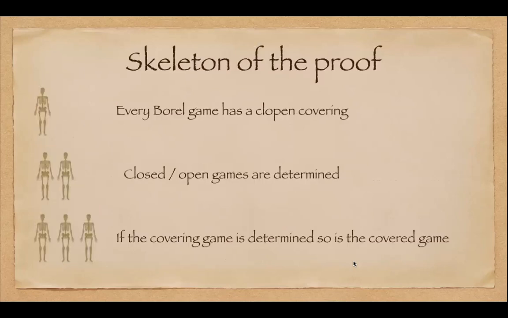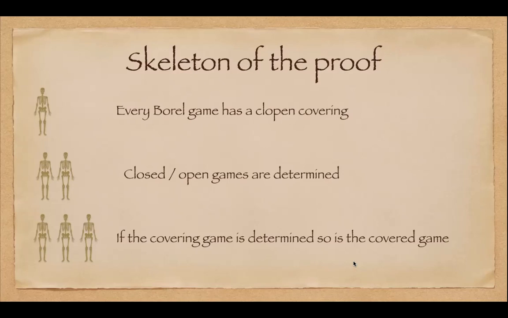Okay. Now the skeleton of the proof. This is how we're going to proceed. So the first step will be to show that every Borel game has a closed and open covering. By a closed and open covering, I mean a covering such that the inverse image of the winning set is closed and open.